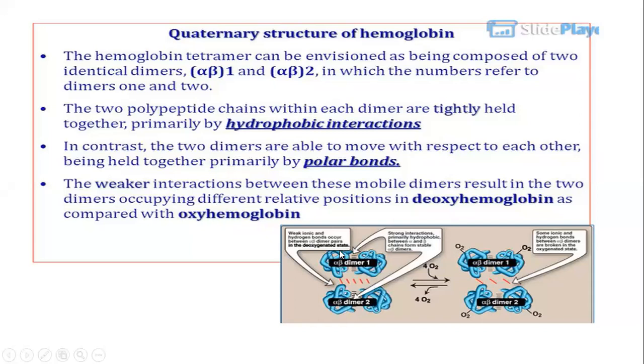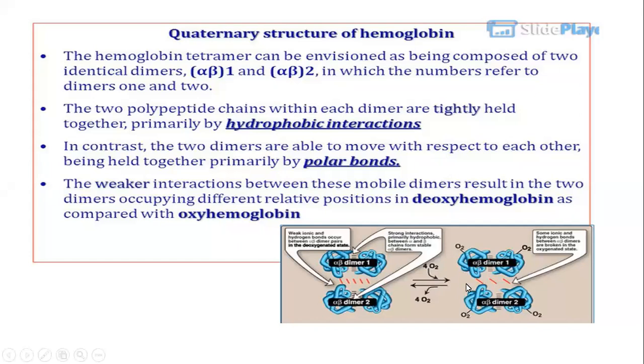Okay, so you have tighter interactions or stronger bonds within the two polypeptide chains, or within the dimer, and weaker bonds between the two dimers. Okay, so when oxygen enters the hemoglobin, these bonds, the polar bonds, are weakened, and oxygen enters the hemoglobin.